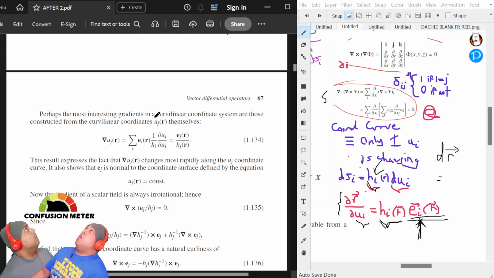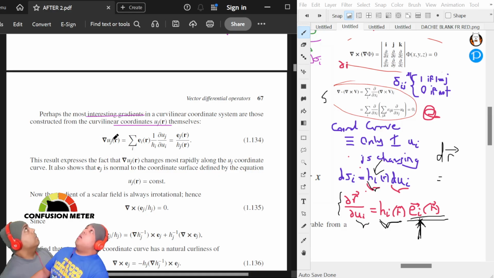Okay, perhaps the most interesting gradients in the curvilinear coordinate system are those constructed from the curvilinear coordinates u_j themselves. I don't know why we're using j now. Most interesting gradients are those constructed by the coordinates themselves.